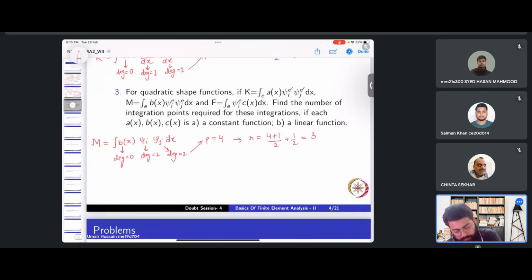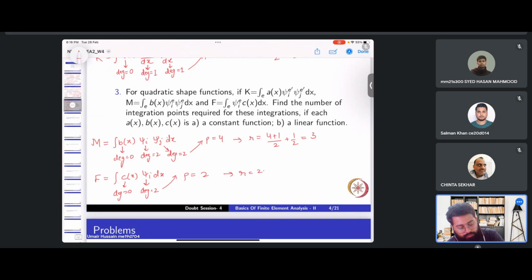Again f is cx times psi i. Cx is a constant, degree 0. Psi i is quadratic, degree 2. So the net degree of the integrand polynomial is 2.